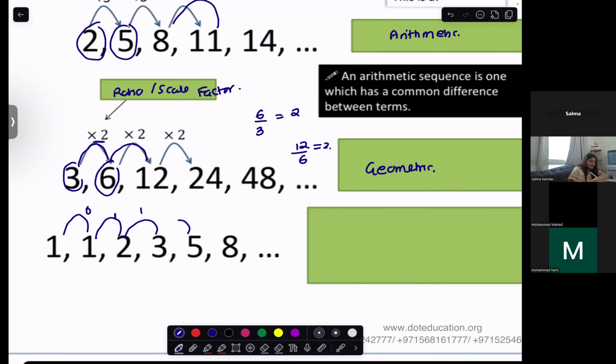If I'm doing 5 minus 3, what am I getting? 2. So what type of series is this? The change is not constant, so this is not an arithmetic series. Later on, we are going to discuss convergent and divergent series, so we'll take this over there later.